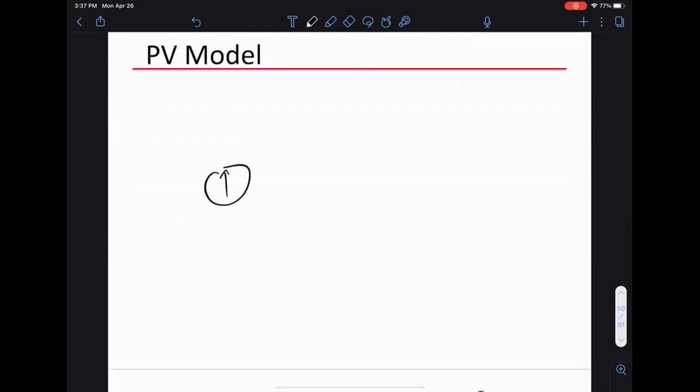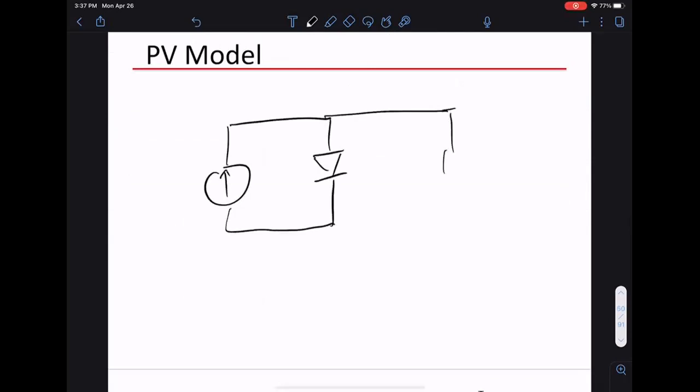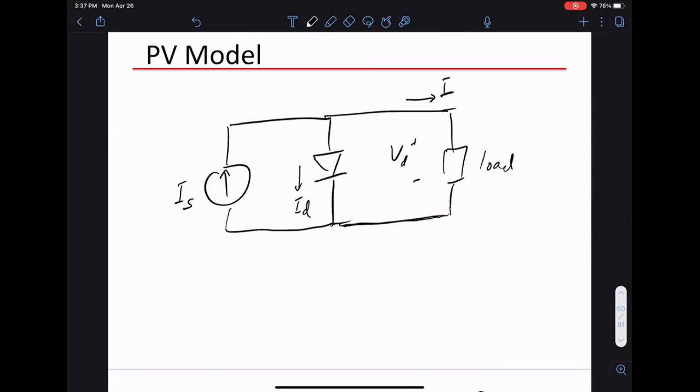Nothing changes except we flip the diode and the current source so that I can draw the voltage from top to bottom. This is how we'll draw the circuit.